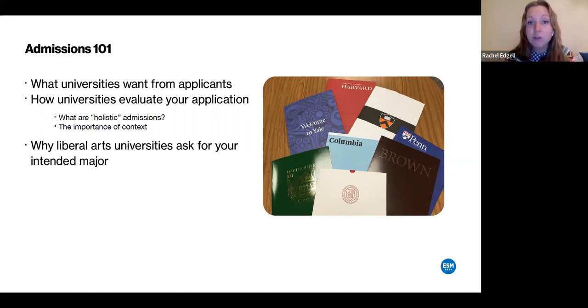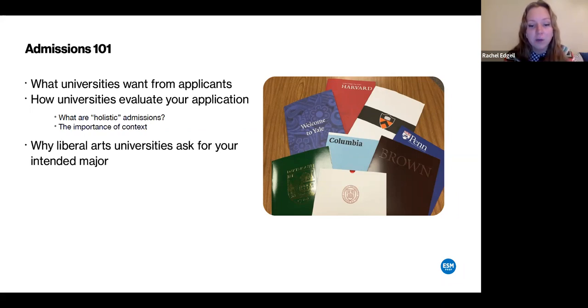Another reason they might ask is, it does reveal generally what kind of student you might be, even if you do end up changing your mind. So as an example, my switch from politics to anthropology is not a drastic, earth-shattering difference in terms of the academic skills that I ended up using and the types of courses that I ended up taking.